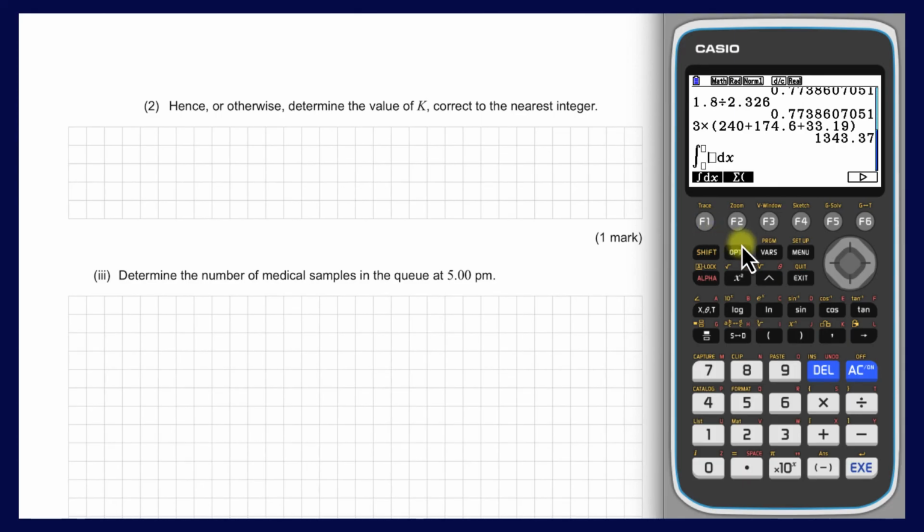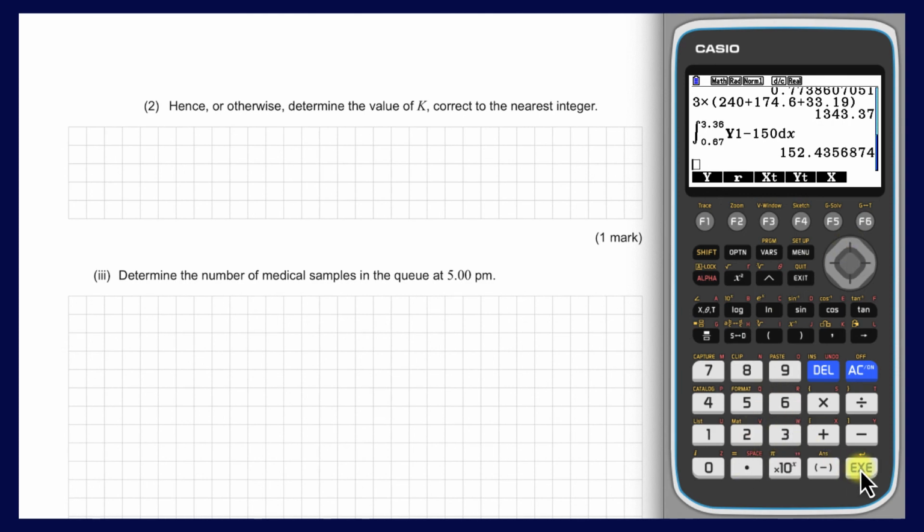It's named y1. So I press vars and graph, get the y from there, and it's y1 minus 150. No need to enter that in any complicated way. And the boundaries here were 0.67 and 3.36. And that gives us our calculation of 152 to the nearest integer.